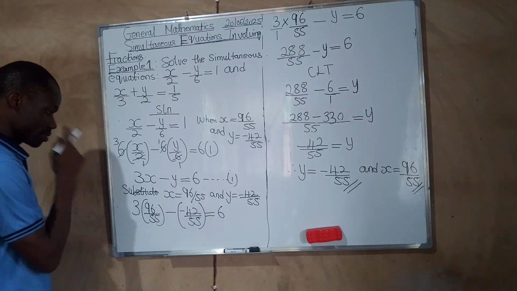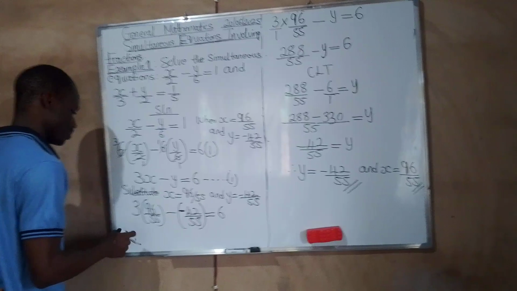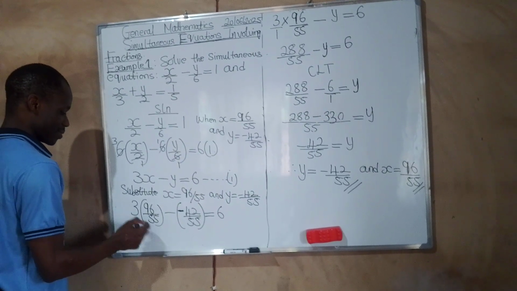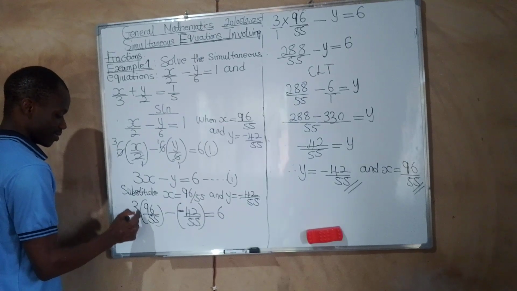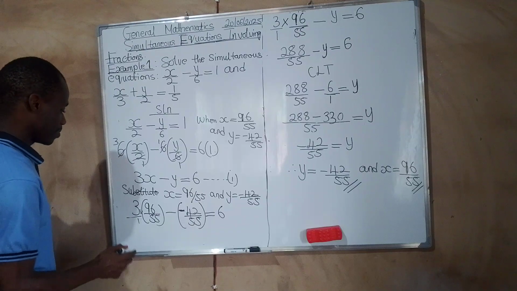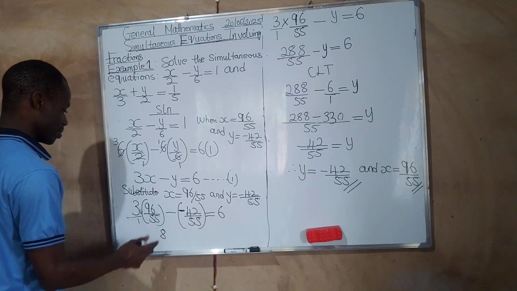Now this is going to be funny at times, but before it becomes funny, this is what we do. This cannot cancel, since it is not times, pardon. So what I will do is 3 times 96. 3 times 6 is 18, so that is 288.